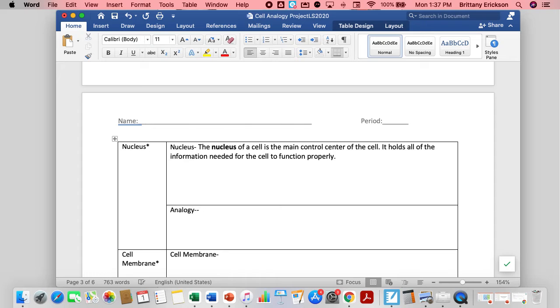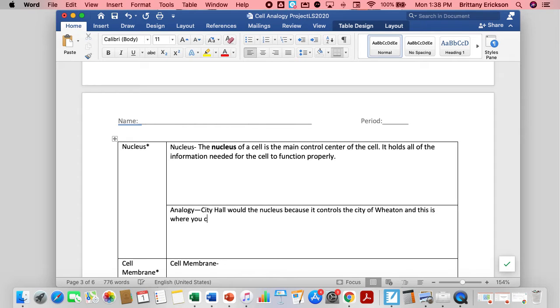So what would be the nucleus in the city of Wheaton? I might say City Hall. Not Cell Hall. Wow. City Hall would be the nucleus because it controls the city of Wheaton, and this is where you can find laws and regulations.